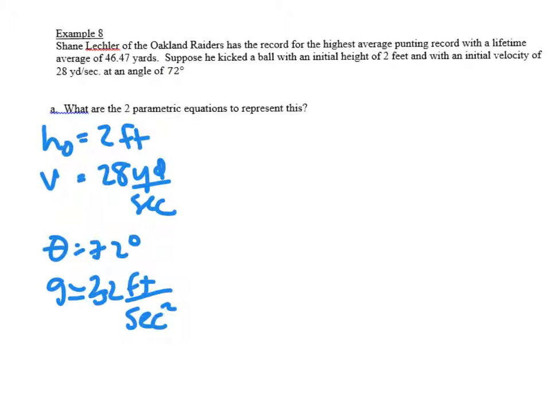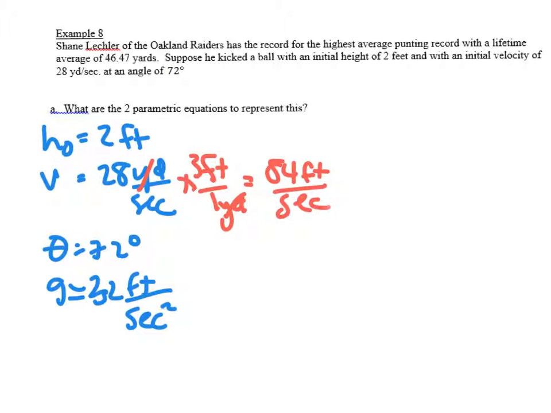So the only thing I'm going to have to do is convert these yards into feet. So there's 3 feet to 1 yard. So this is going to turn into 84 feet per second. So these are all of the things that I need for my equations.